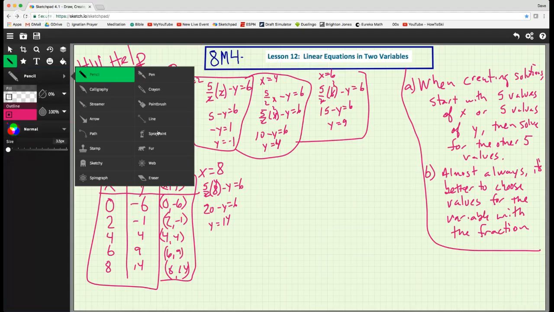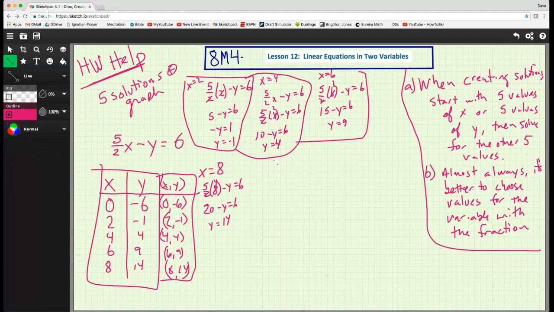Okay, we are cooking with gas. Let's get going. 0, negative 6. So I have to go from 0 to 8 on my x-axis, and then negative 6 to 14 on my y-axis. So my x-axis is kind of all in the positive.